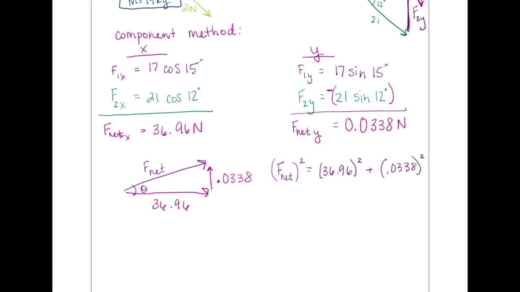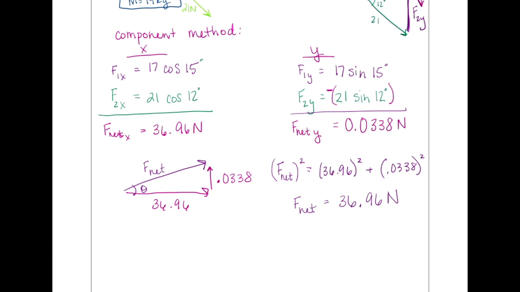Okay, and when we go through and solve it, we'll get that the total net force is 36.96 newtons. Okay, so you'll notice that it is very close to what our horizontal force is. It's the exact same here based on the rounding. And that's just because the amount that it is getting pulled to the north is so minuscule.